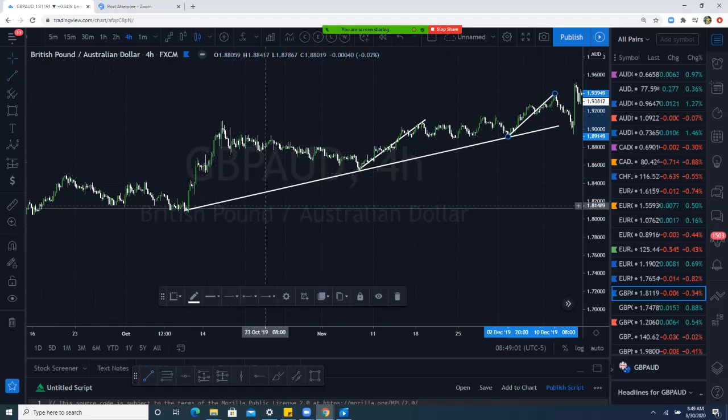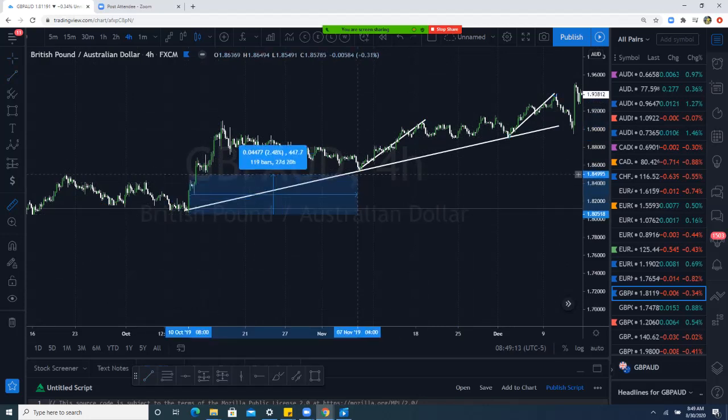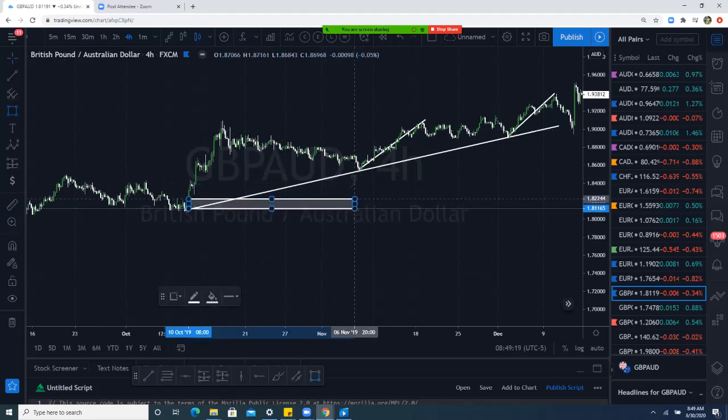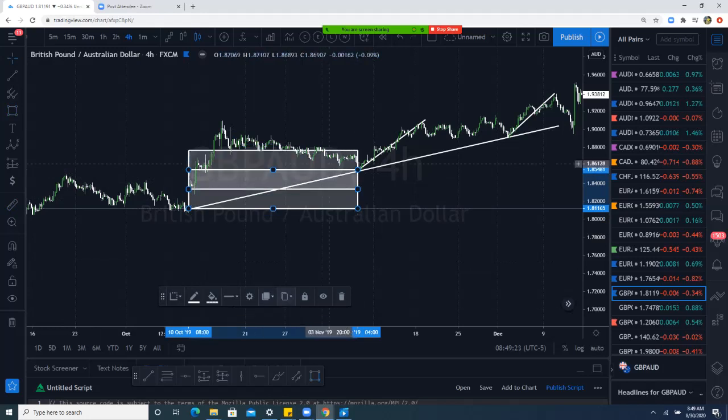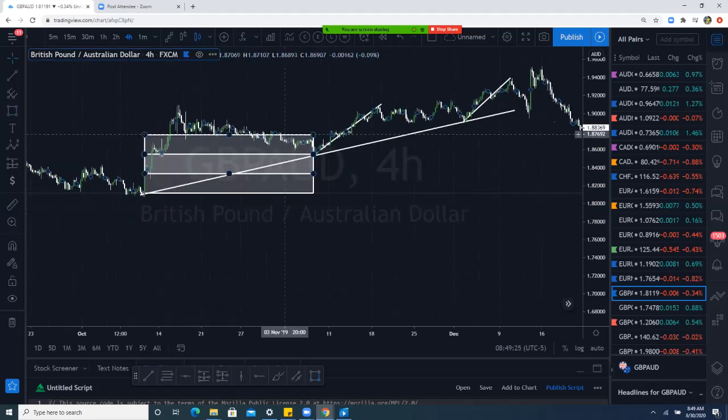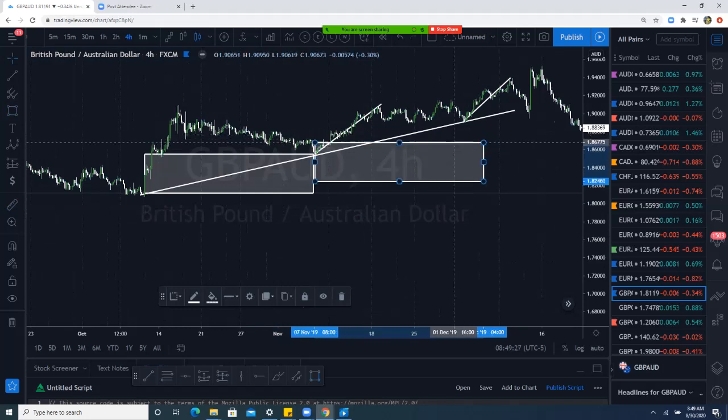So the other thing that you want to know with a trend line is you want to have a decent space between the different points. You want to have a relatively equal space between the different points. So if I was to illustrate that, I put this box and I clone this box and do a copy of it, what'll most likely happen is it'll be similar in distance.